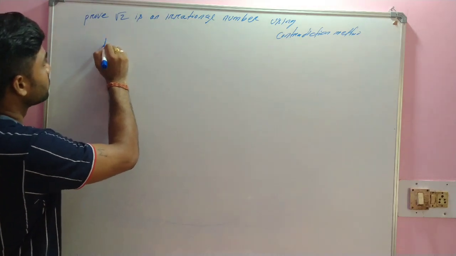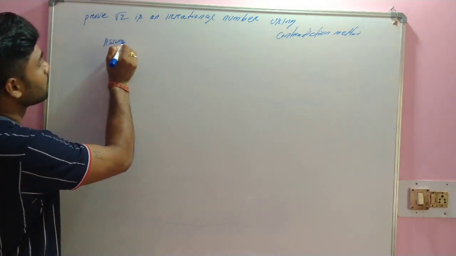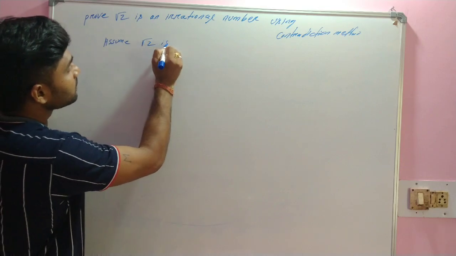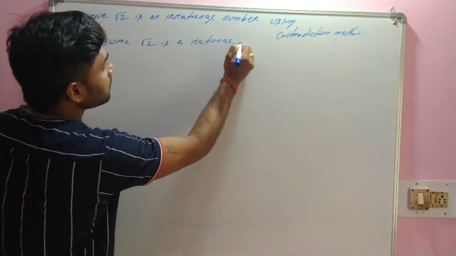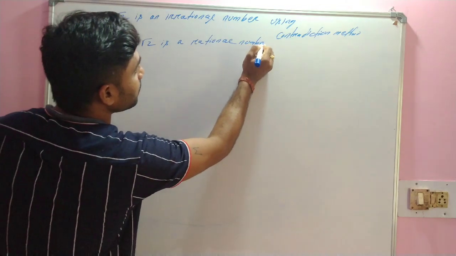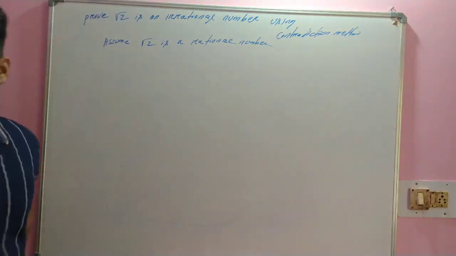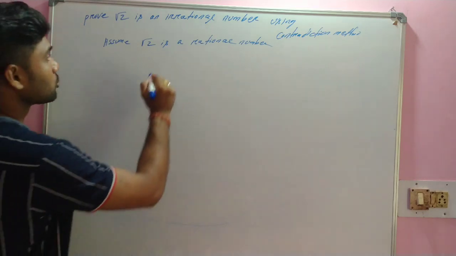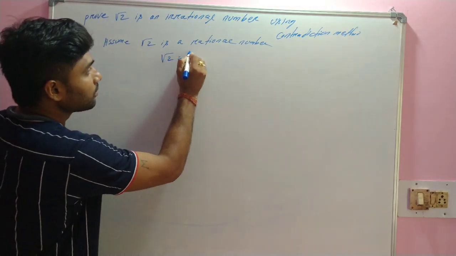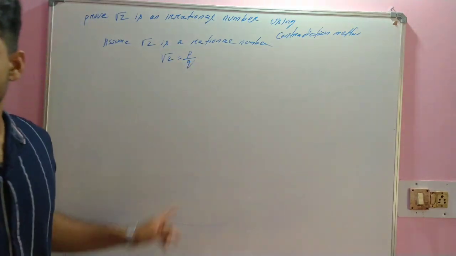So assume root 2 is a rational number. If root 2 is a rational number, then it can be expressed as p by q. So root 2 equals p by q.